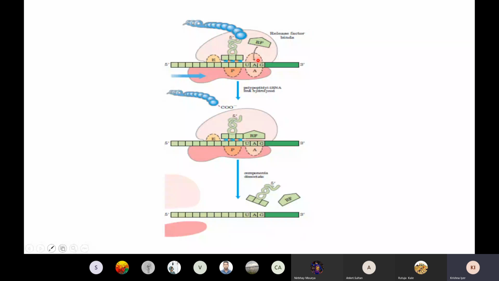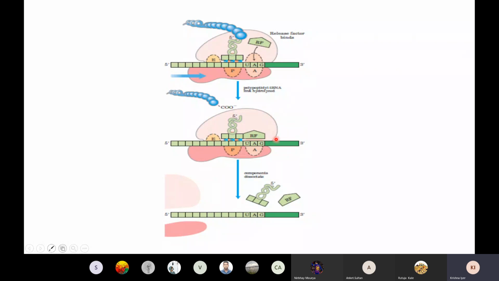And when they come and sit in there, what they do is enhance the hydrolysis of this bond here. Okay, remember this bond is O-C-O, right? And this is carrying the entire peptide which was formed till then. So that O-C-O bond is hydrolyzed, such that the COH will be released and this will go back to OH. And as soon as that happens, I've got my peptide whose synthesis is over.